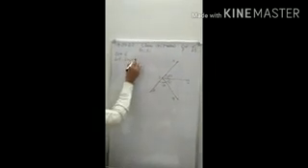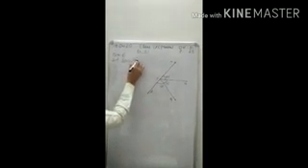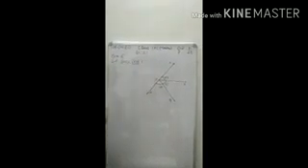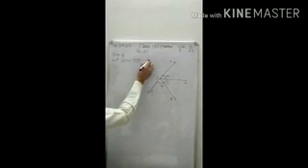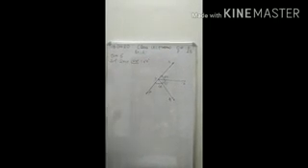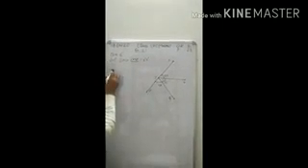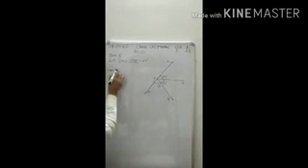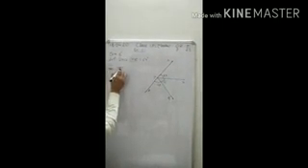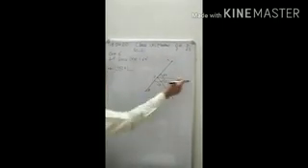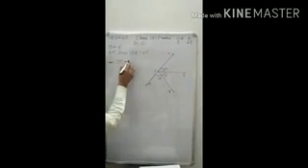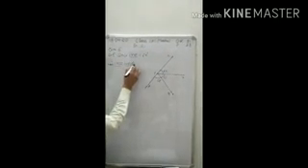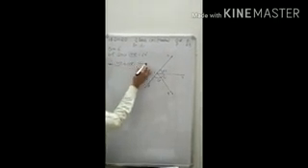You write the given: since angle XYZ is 64 degrees. Now take these two angles. Write angle XYZ plus angle ZYP, their sum is equal to 180 degrees.